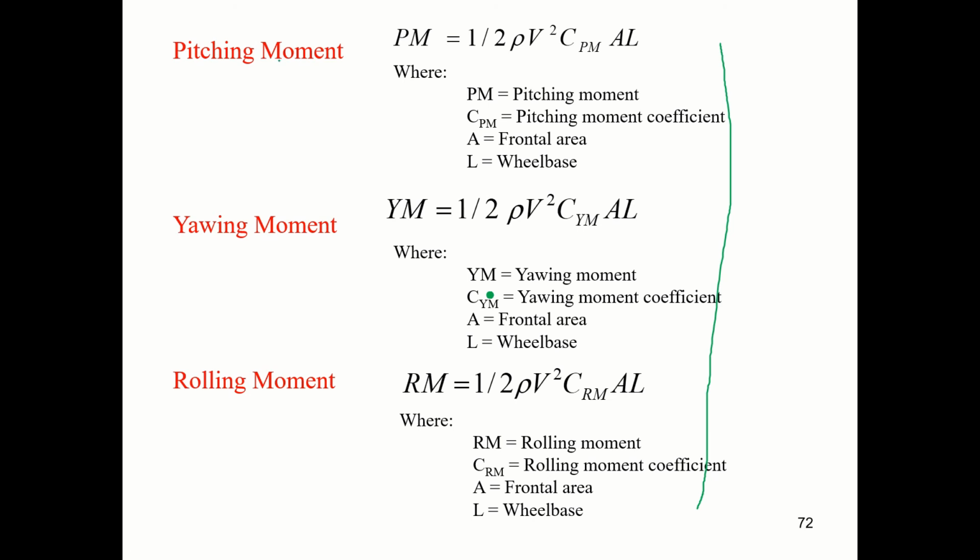Then force into a distance, you get the moment. You see here pitching moment: you take this multiplied by L, that is the wheelbase length. So multiplying by the wheelbase, you can get pitching moment, yawing moment, and rolling moment.